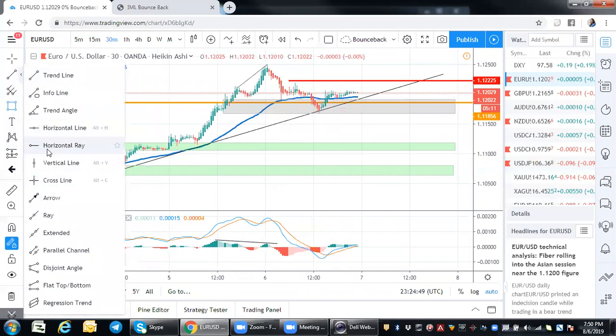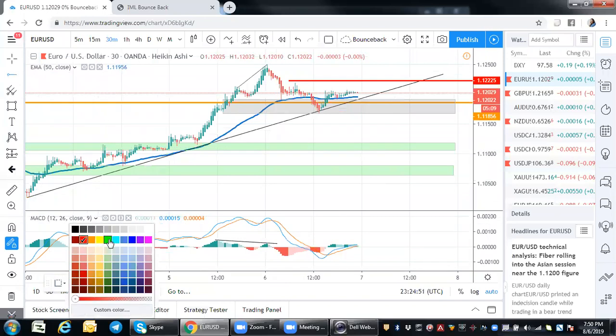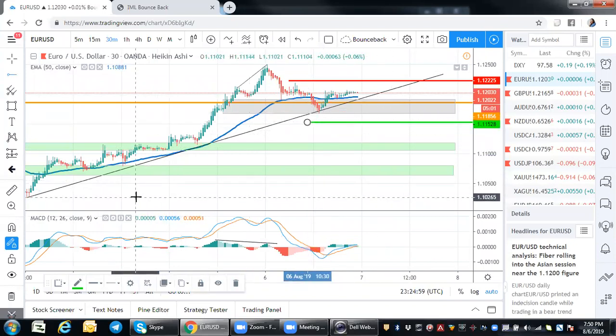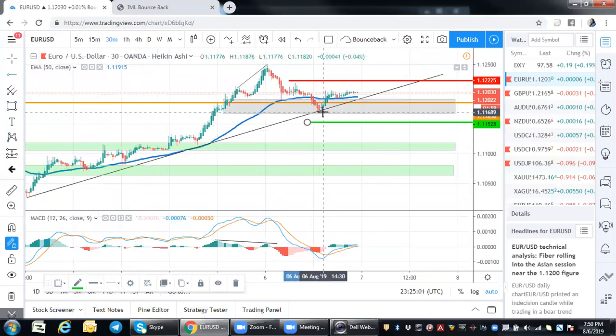So you can put a sell stop if you wanted to. Please put it a good way below structure, so anywhere around here, right? So you know that it's below structure and it will catch you on the way down, and this will be your take profit zone.